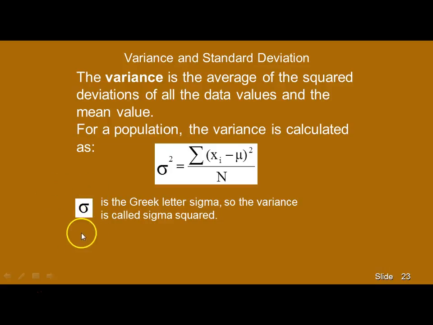This is the lowercase Greek sigma, and we call this sigma squared. And again, as the formula shows you, you take the sum of (xi minus mu) quantity squared over n. In other words, we're going to calculate the mean first, take every value of x minus the mean, square those, add them up, and divide by n.